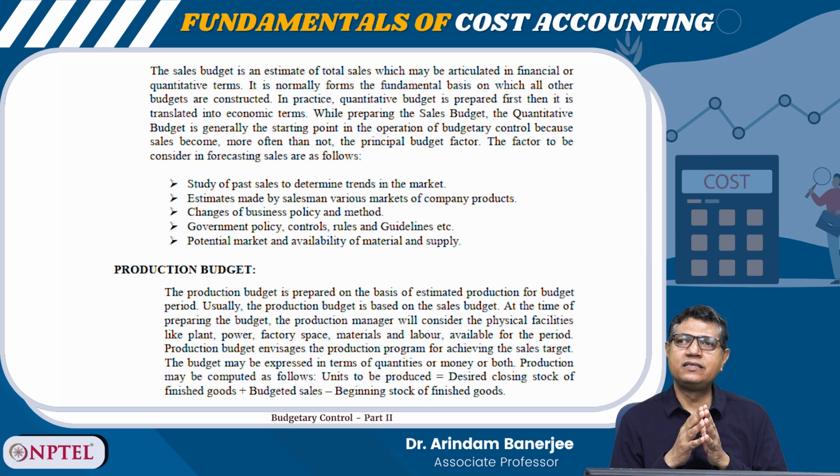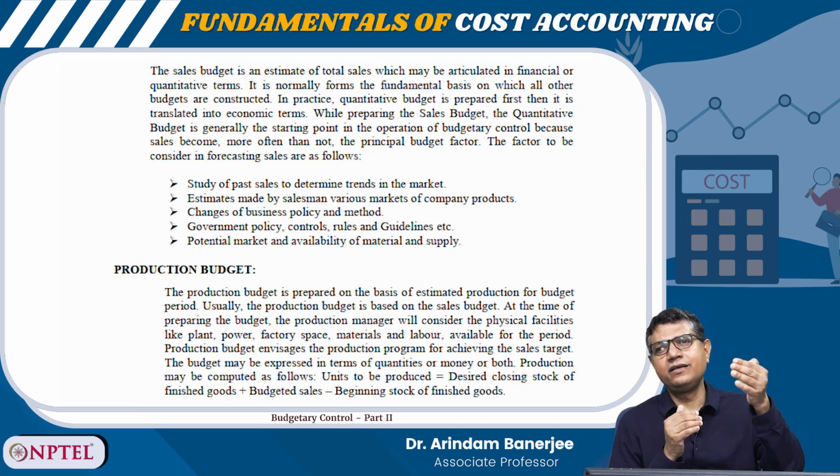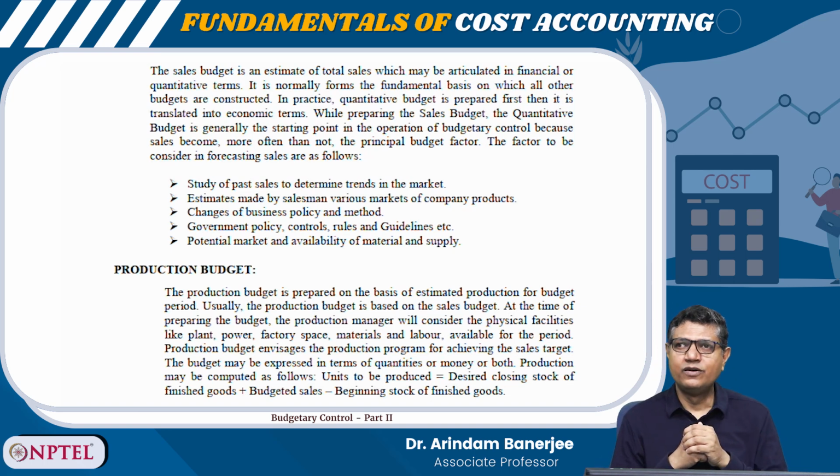They do surveys, talk to the dealers and customers, and try to foresee the challenges and the actions the competitors may take. Based on that, they give some figures for the kind of sales they think is achievable.